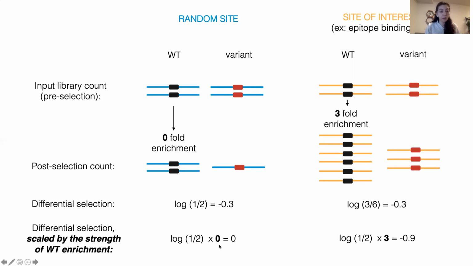We just multiply it by the fold enrichment value. What this does is it emphasizes any differential selection that happens to be taking place at the antibody binding site. This scaled differential selection value is what we report, which is different than just differential selection.